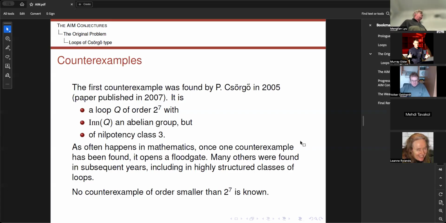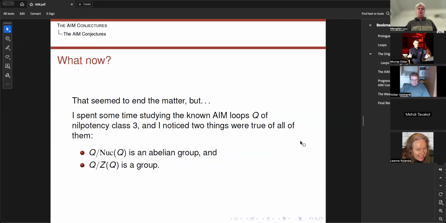A whole bunch of them were published in succession within the next couple of years, including examples in highly structured classes of loops, although 2 to the 7th is still the smallest size known, which by loop theory standards is pretty large. So that seemed to be the end of it, and that sounds like the end of my talk. There was a counterexample. But that's not actually where things stopped.